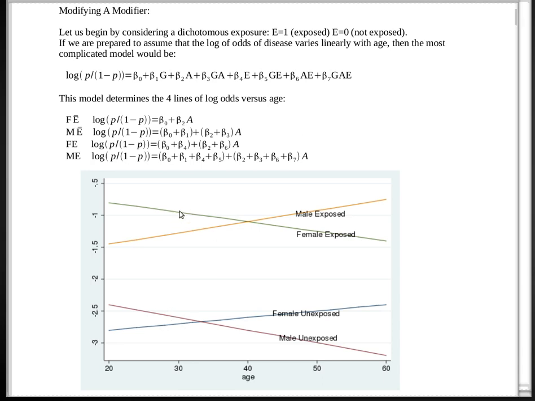So we can see for 30-year-old women, we have a distance that's like this. But for 50-year-old women, the vertical distance is now this. And so now we can see that the log of the odds ratio for 30-year-old women is higher than the log of the odds ratio for 50-year-old women.